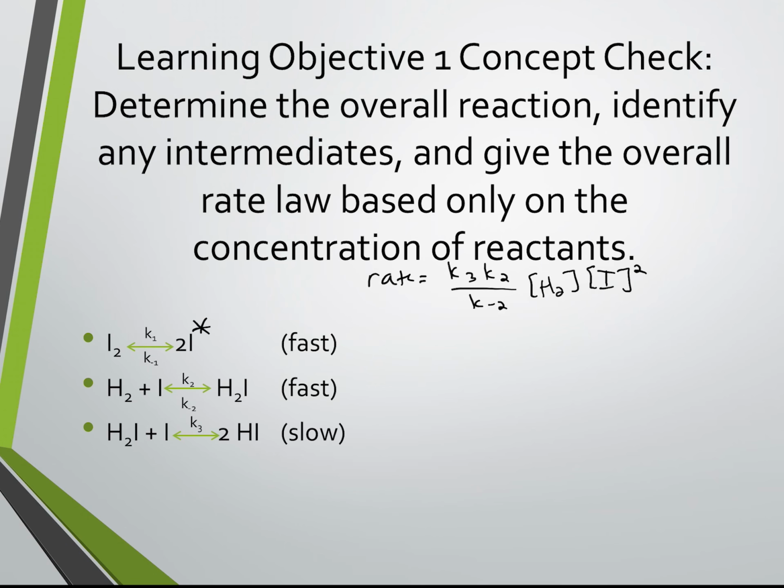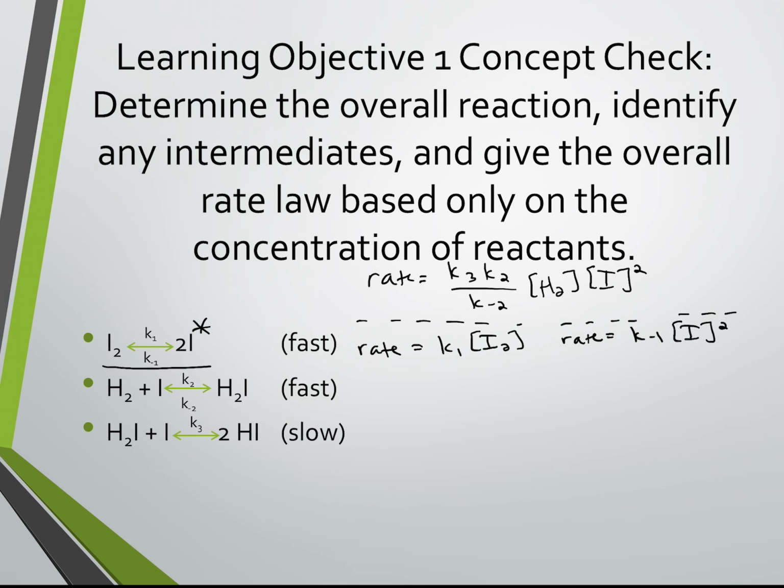So this is now the reaction we're going to look at to try and rewrite I. So rate is equal to k1 times [I2], and rate is also equal to k minus 1 [I]².